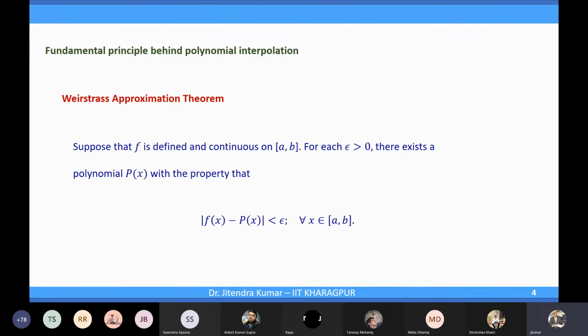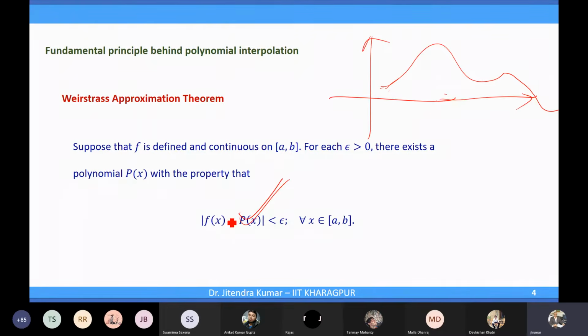This is why polynomials were chosen: whatever complicated function we have, we can always approximate it by a polynomial. For this complicated function we could not perform many operations, like determination of roots, differentiation, integration, and so on.